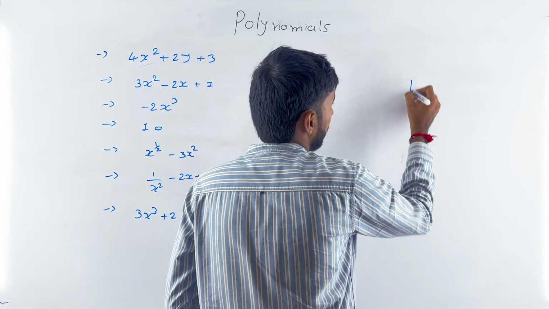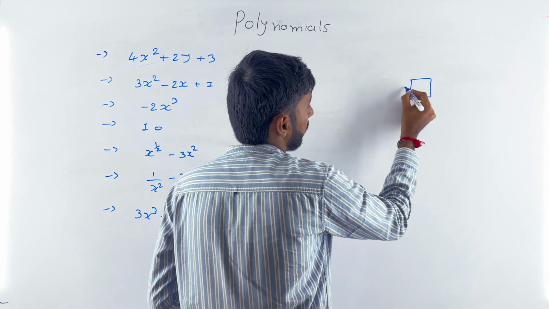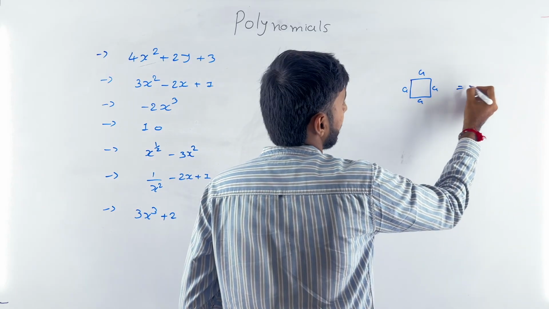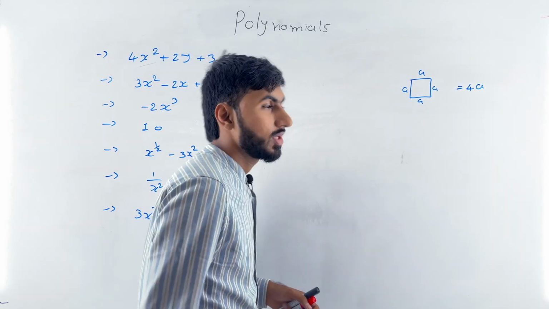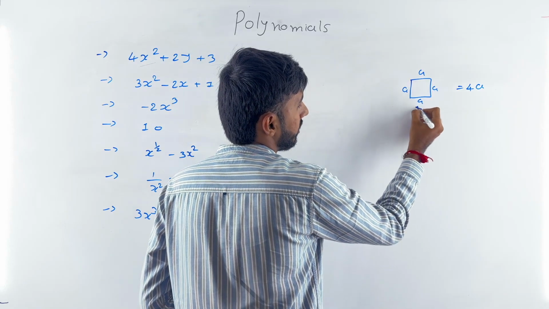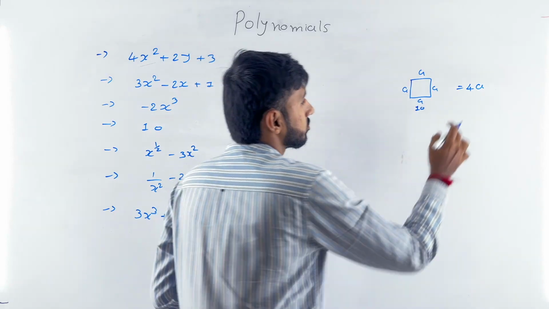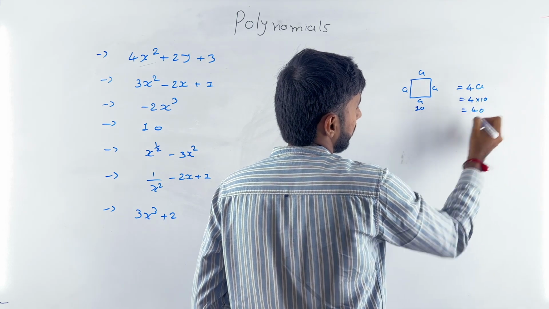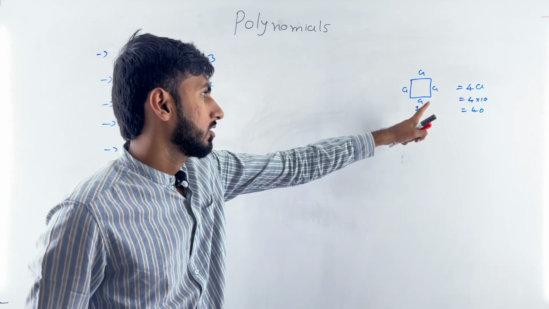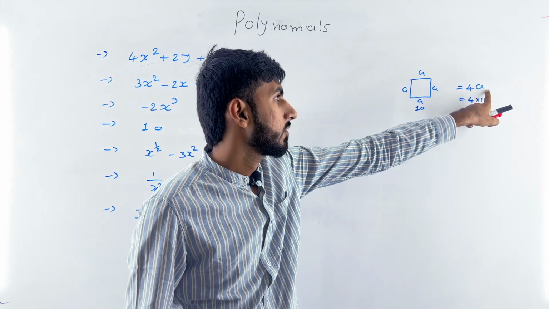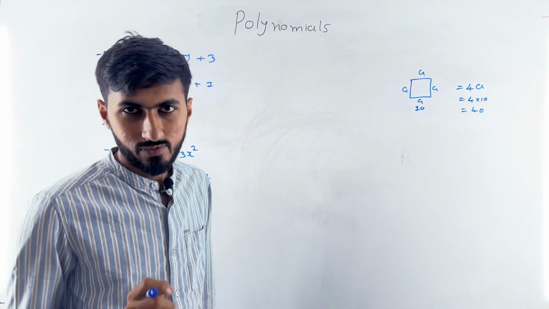If I want to find the area or perimeter of any square, let's say it is of side A, so the perimeter of the square will be 4A. Now if I put the value of A as, let's say this square is of side 10, I have to just put 10 in place of A, my answer will be 40, right? If the side length is 5, I have to just put the value of A as 5, so here A is a variable.